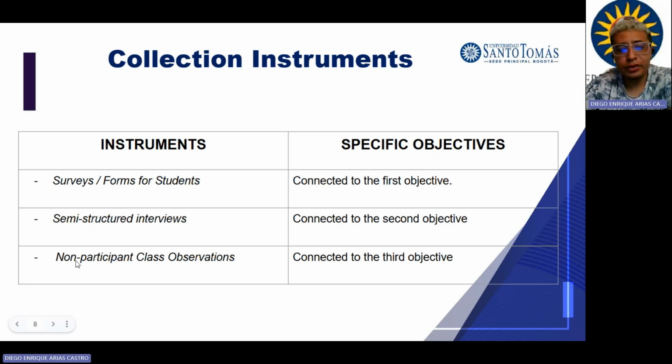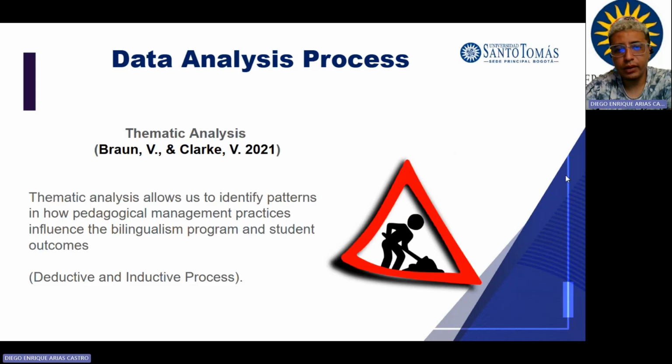And also we did some non-participant class observations, as they were connected to the third specific objective of this project. The same structure applies to the first and second objectives. We tried to connect instruments with the objectives that we had for the project.